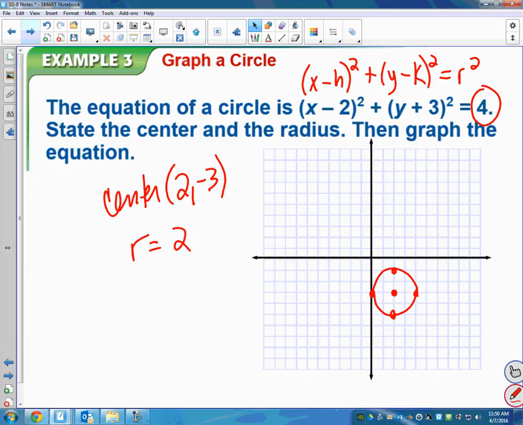So you just want to try to be as accurate as possible. I mean, the best way to be accurate would be to use a compass, but they're a pain, right? So that's the idea with this, and we're going to do some more graphing with our circles tomorrow, because I'm going to give you a little circle project.